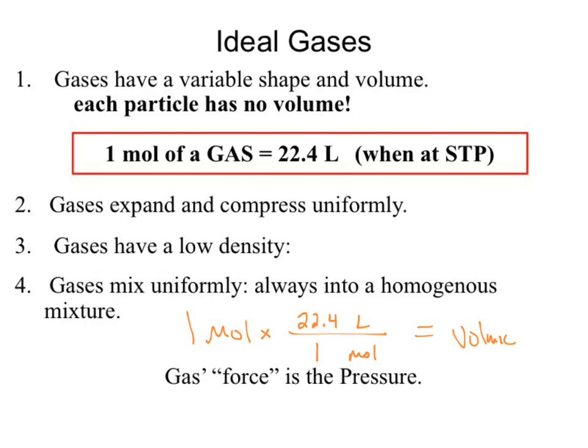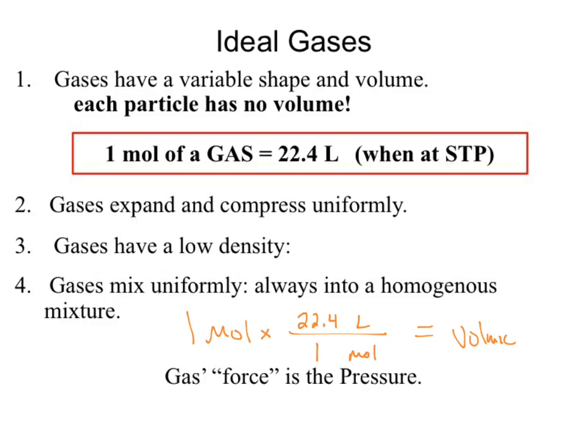Rest of that was all pretty much said on the previous slide. We're looking at a relatively low density, expand and compress, mixing uniformly, so we don't get gases sectioning off. If we put hydrogen and oxygen into the same container, we're not going to get one side being purely hydrogen and one side being purely oxygen. They will mix evenly through the entire process.